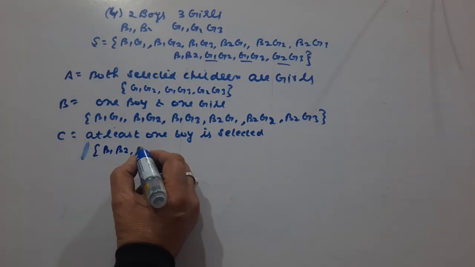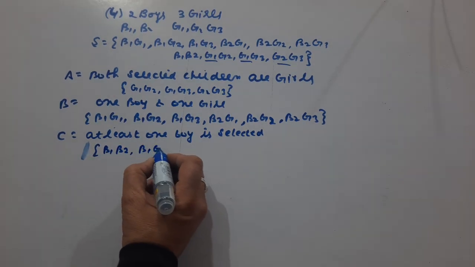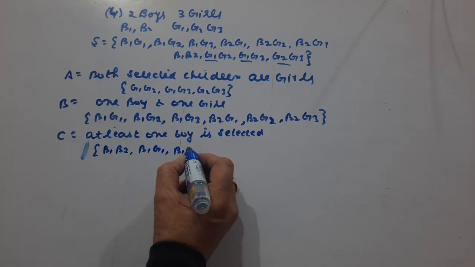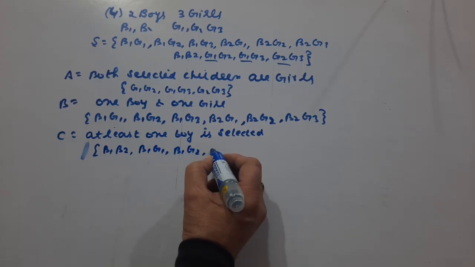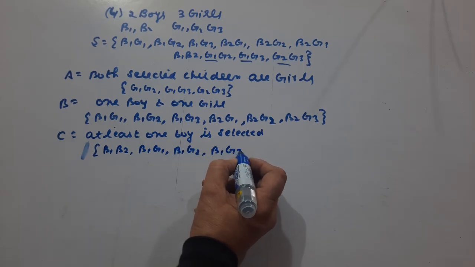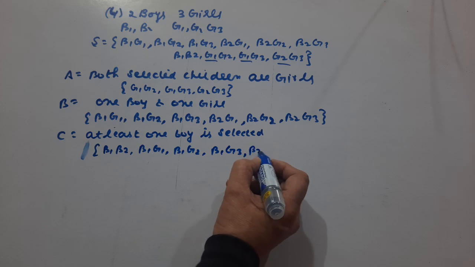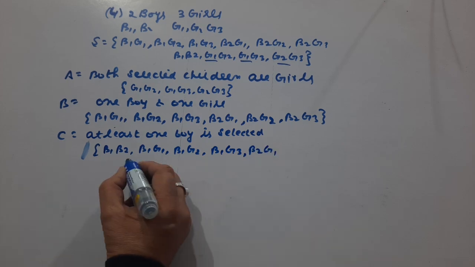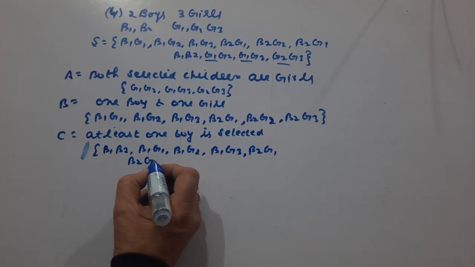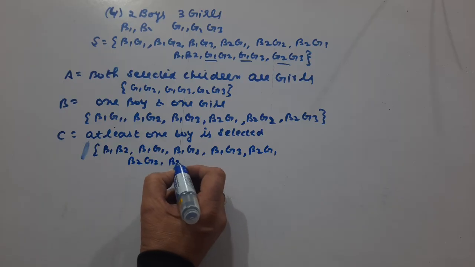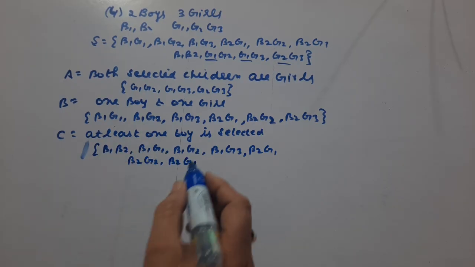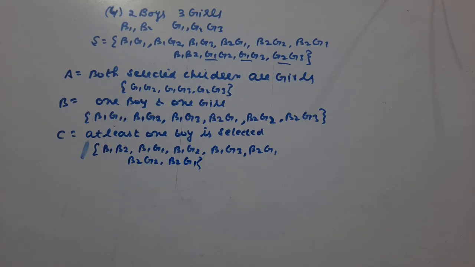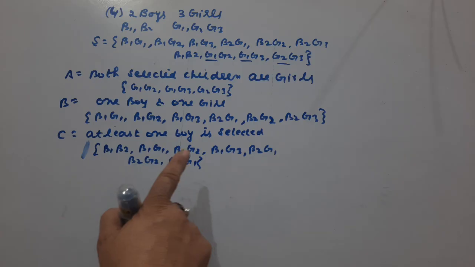Then take all the cases in which 1 boy is there: B1 G1, B1 G2, B1 G3, B2 G1, B2 G2, B2 G3. So these are the cases: one, two, three, four, five, six, seven.